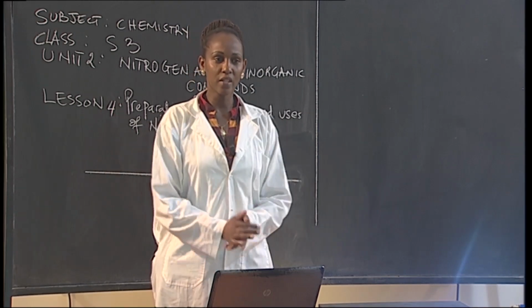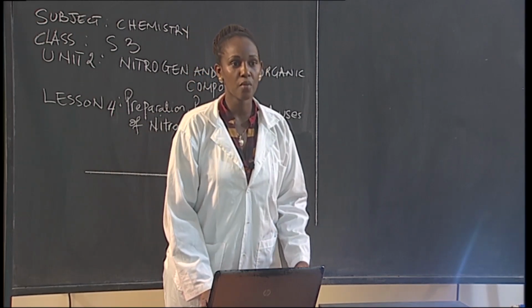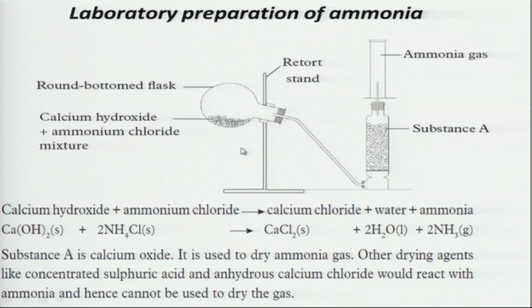So we start by looking at the laboratory preparation of ammonia. Look on the slide there. The laboratory preparation of ammonia. All right? So we can prepare ammonia by reacting... these are the reagents we use: calcium hydroxide and ammonium chloride.